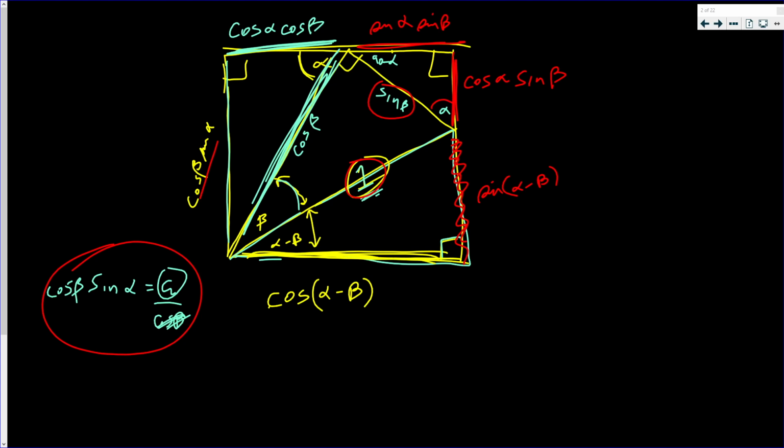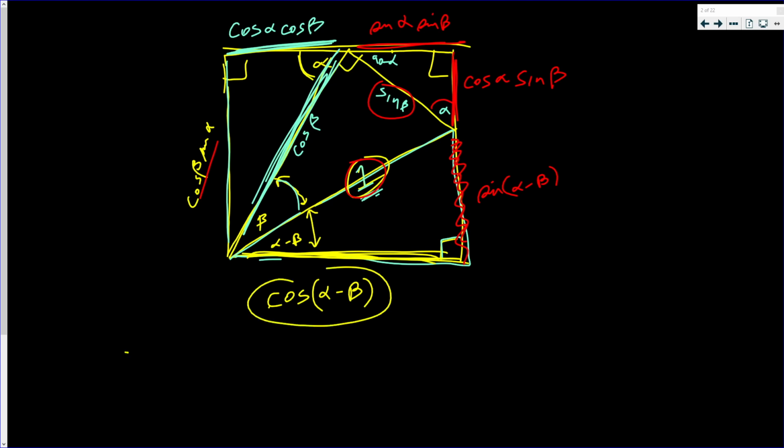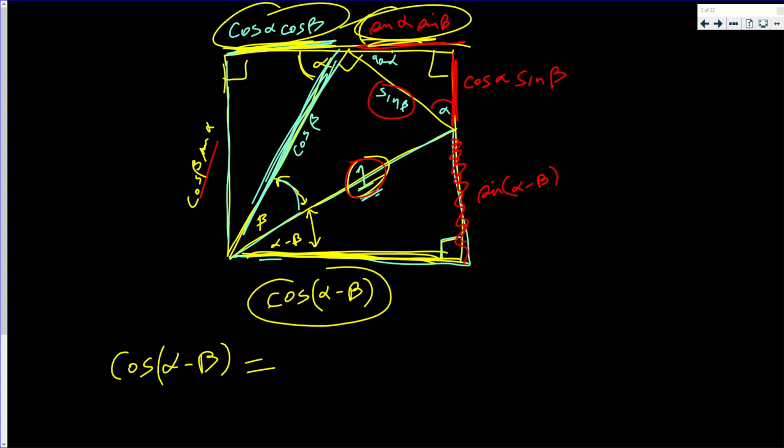Okay, and now we're ready to get our hands dirty. This right here, cosine of alpha minus beta, is equal to the sum of the two parts, this plus that. I'm going to write this first: sine alpha sine beta plus cosine alpha cosine beta.